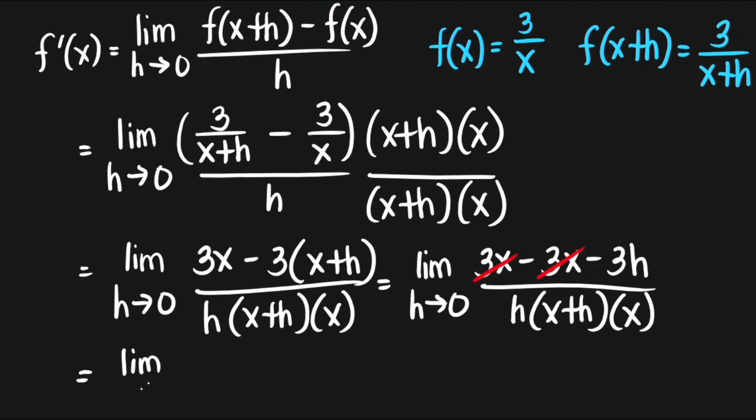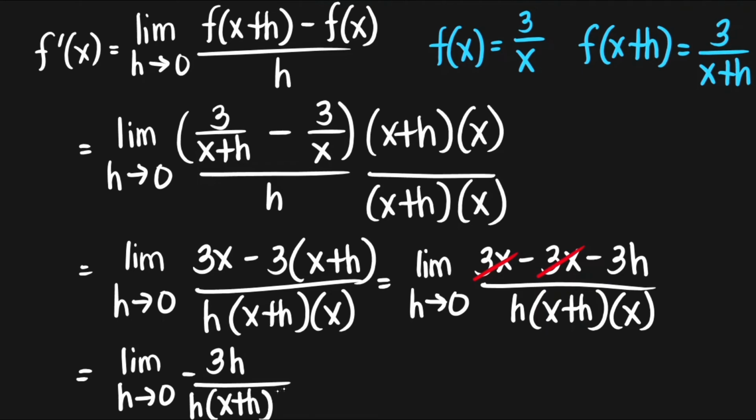The limit as h approaches 0 of negative 3h divided by h times x plus h times x. H over h is 1, so we can cancel this.